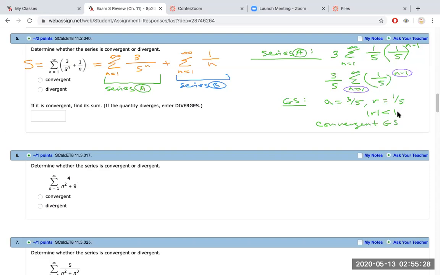Because if it's not convergent, you can't do anything with it. If series B is convergent, you just add up the values here. All right, not that you'd want to do that. Again, you only need to state convergent or divergent for this, okay? All right, so let's go to series B here.